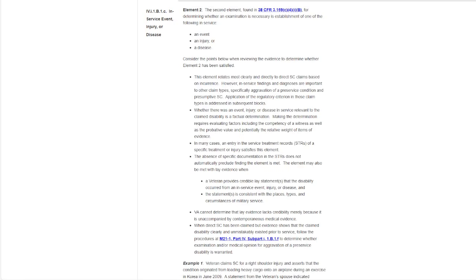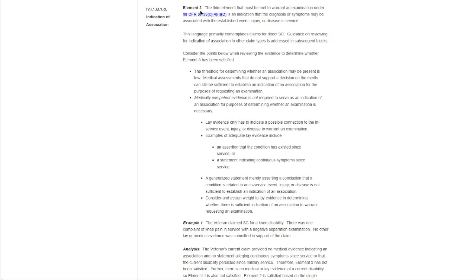Now, the third element is harder to explain because there are actually two separate reviews that happen during almost every single claim. There's a review for whether or not you should warrant an exam, which is the first review.